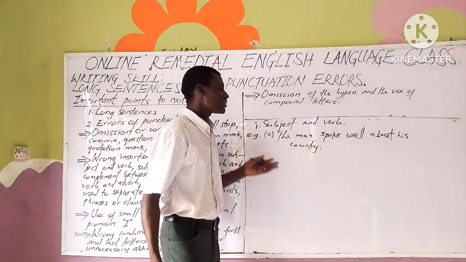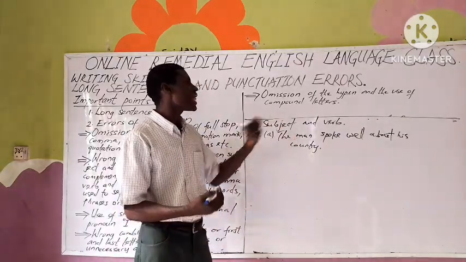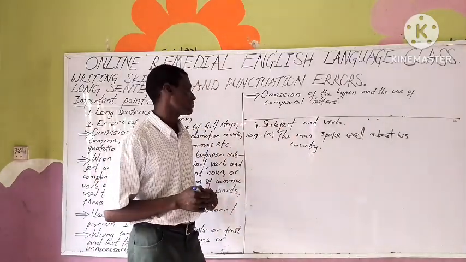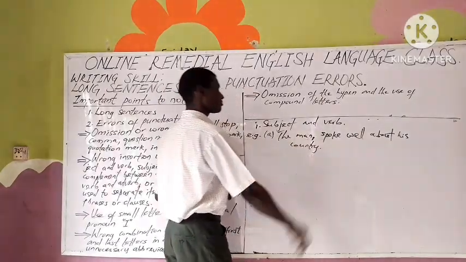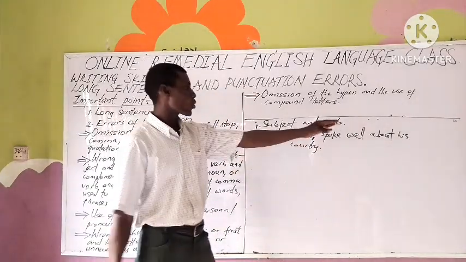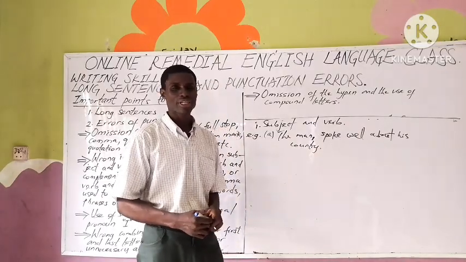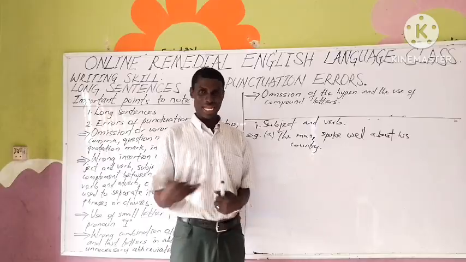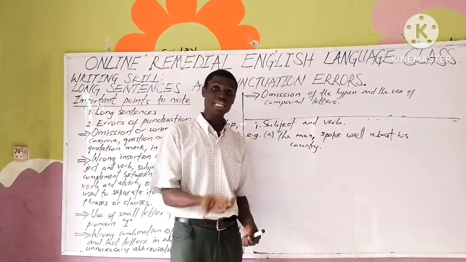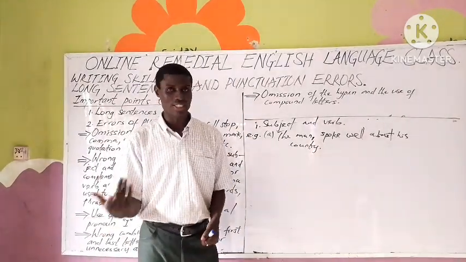Of course, there is no need for any punctuation mark here. But the point here is, a student is doing this: the man, spoke well about his country. It does not make sense. We don't talk like that. It should be: the man spoke well about his country.